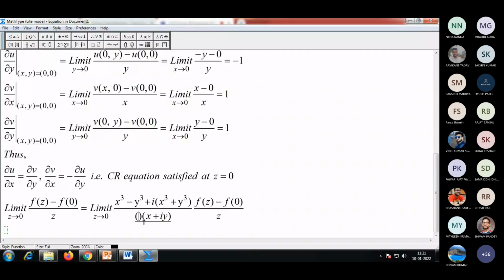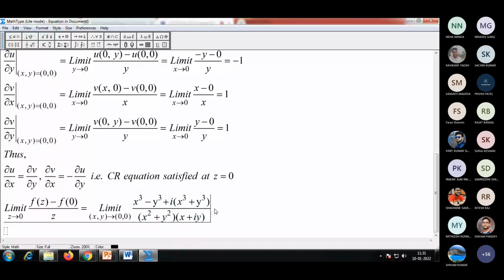So z tends to 0. You all know that z tends to 0 means (x, y) tends to (0, 0). Now you need to check the limit of this one. So first we need to check whether this limit exists or not.